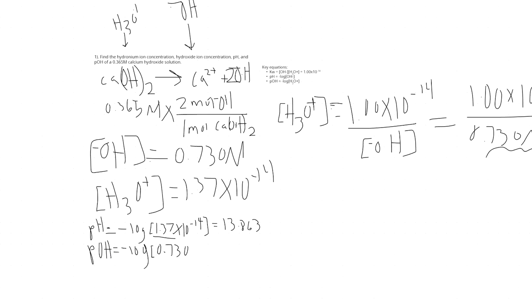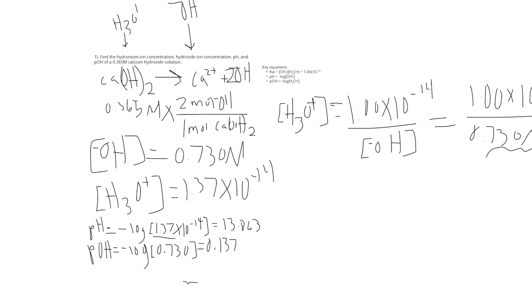This is all molarity, but we don't need to write in the units since it's not our final answer. That is going to equal 0.137. And pH has no units, right?